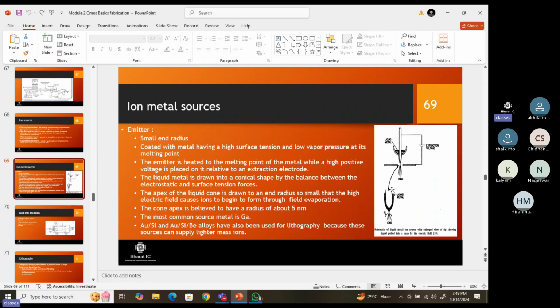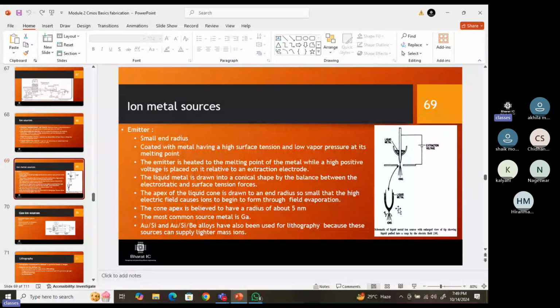If you see, this has been zoomed in and shown here. The liquid metal is drawn into a conical shape by the balance between the electrostatic and surface tension forces. Like a cone-shaped soft-serve ice cream.